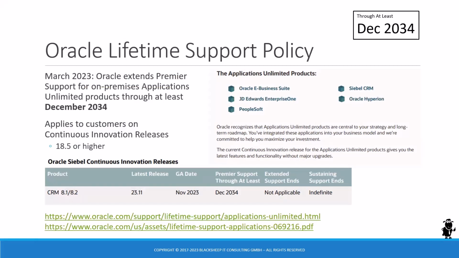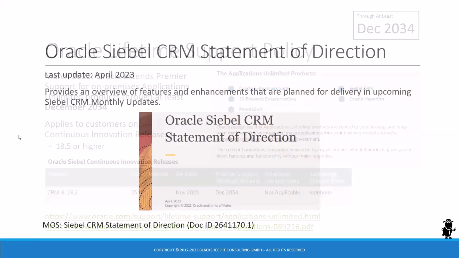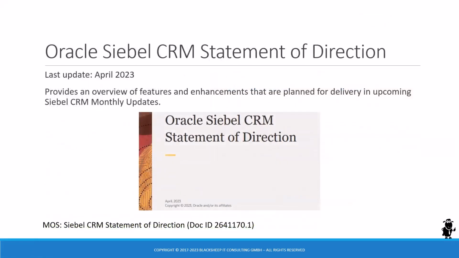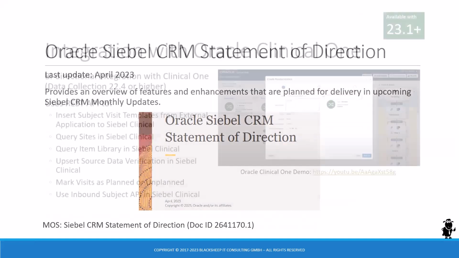And so that will be continued by next year. It will probably be 1 year after that, because Oracle extends that date every year for 1 year. They have done so in the past few years. There's a statement of directions you find on Oracle support to read up on the plans for the future.